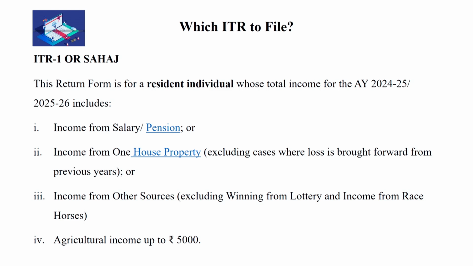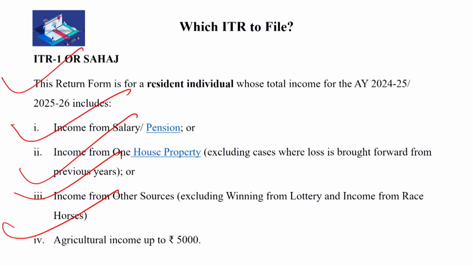ITR 1 should be selected by the assessee if the assessee is a resident individual whose total income for the assessment year 2024-25 includes income from salary or pension, or income from one house property, excluding cases where the loss is brought forward from the previous year, or income from other sources excluding winning from lottery and income from racehorse, and agricultural income up to rupees 5,000.